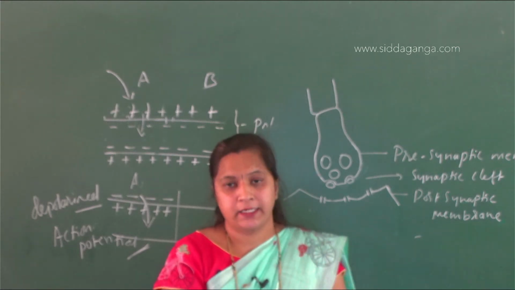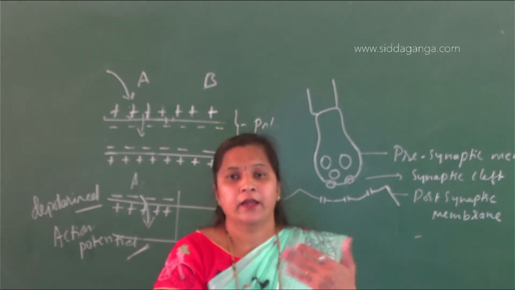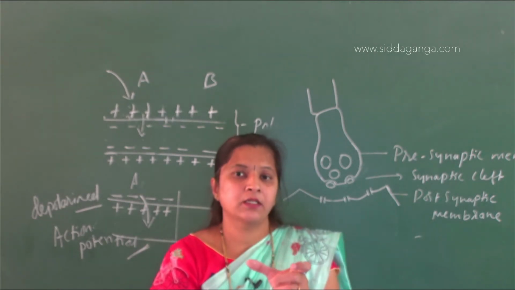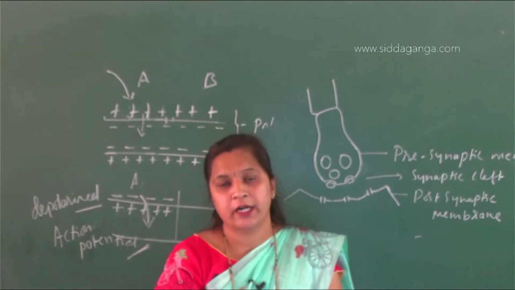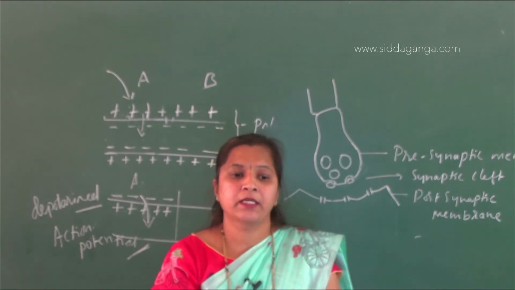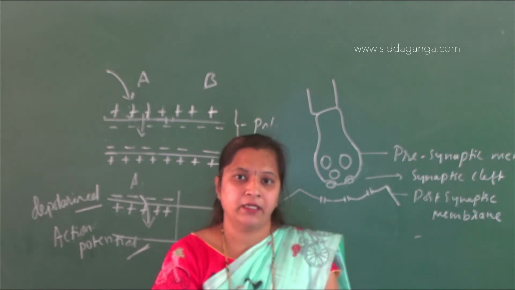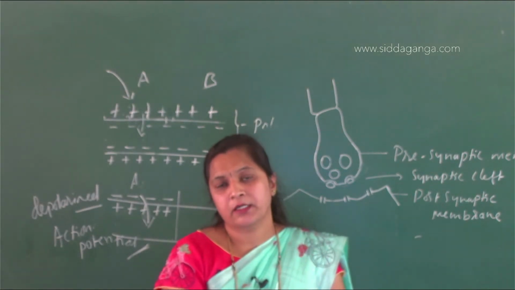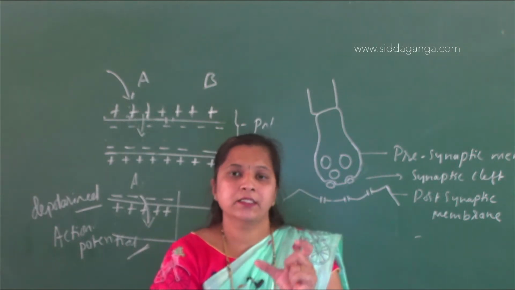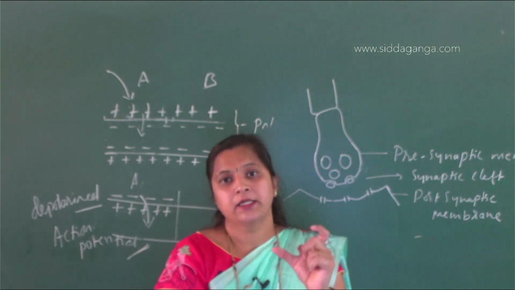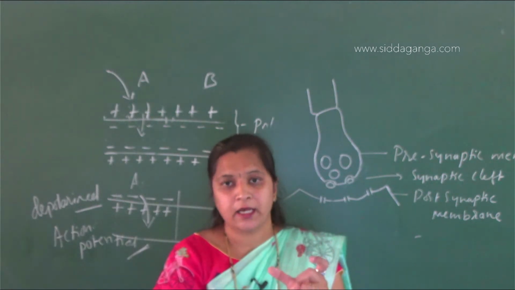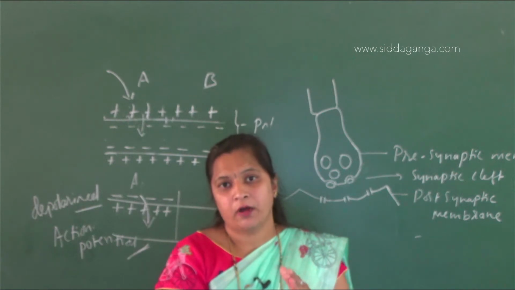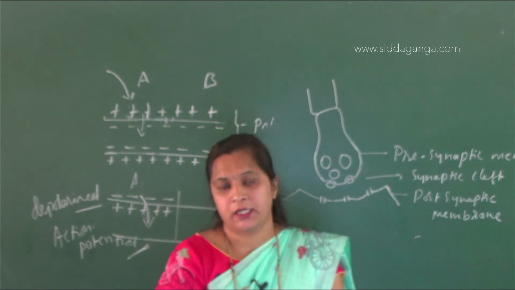So if one is excitatory, the other is inhibitory. This is because of the difference in the neurotransmitters released by the sympathetic and parasympathetic nerve endings. The parasympathetic nerve endings release acetylcholine, whereas the sympathetic nerve endings release adrenaline and noradrenaline, which have an opposite effect to acetylcholine.